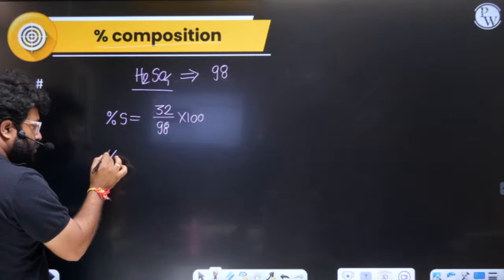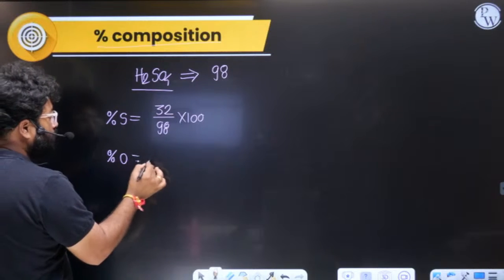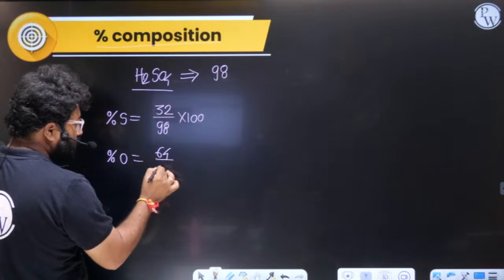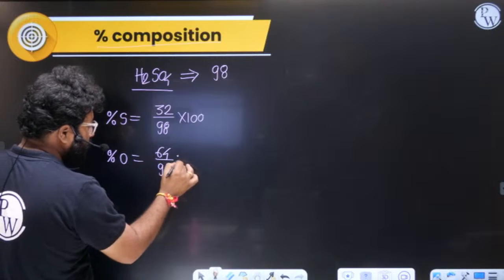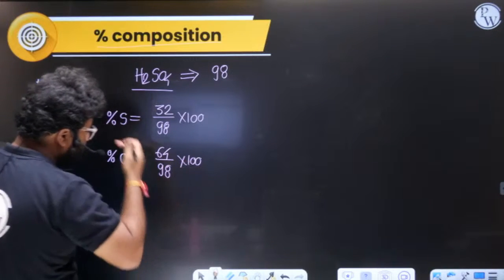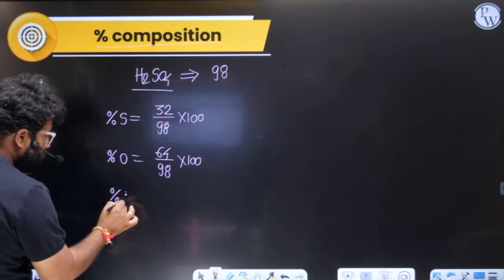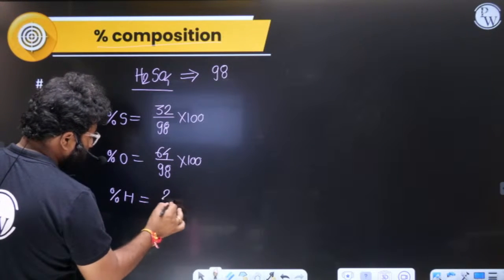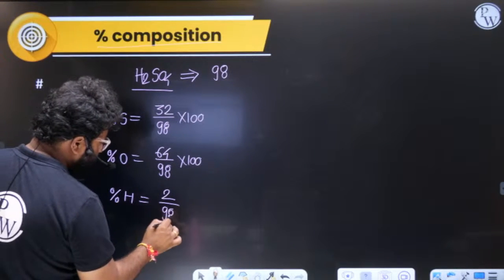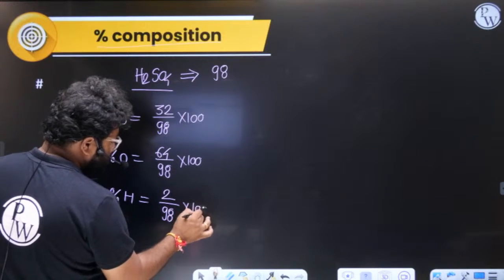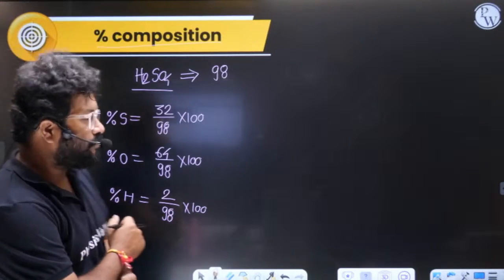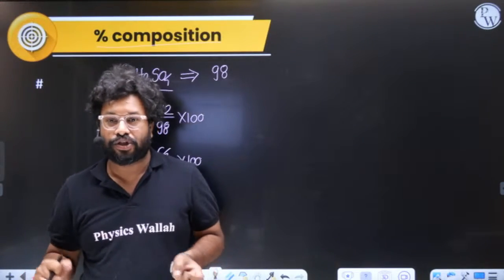Percentage of oxygen would be 64 divided by 98 into 100, right? Percentage of hydrogen would be 2 divided by 98 into 100. So this is the way by which you can find out the percentage composition.